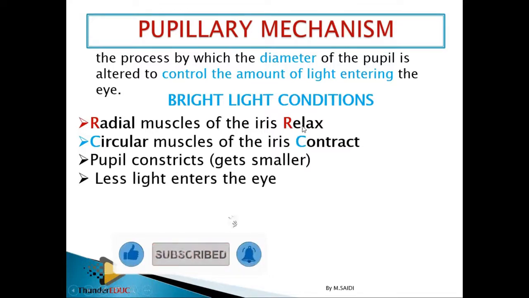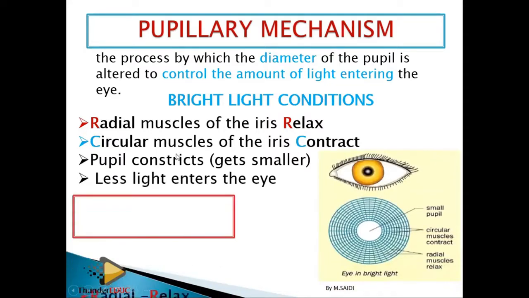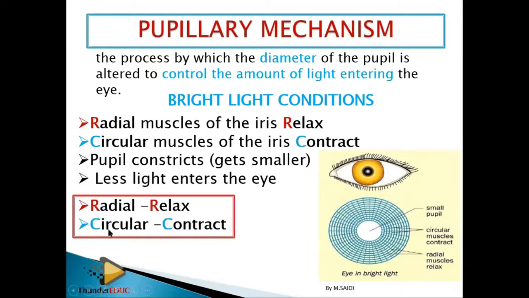I can say that R goes with R, C goes with C. R, which is radial, goes with relax, and C, which is circular, goes with contract. Radial muscles relax, and then circular muscles contract. Simple. If they contract, then less light enters the eye. That's what we need from there.